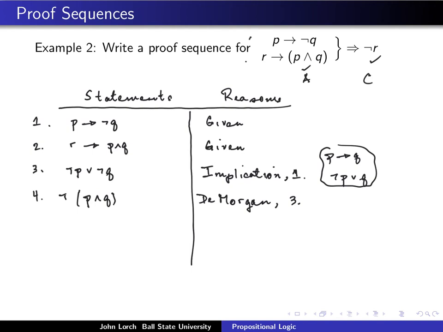Now, if you look at lines 2 and 4, I know if R, then P and Q. I also know not P and Q. And then if we apply modus tollens, that should give us not R. So this involves lines 2 and 4.